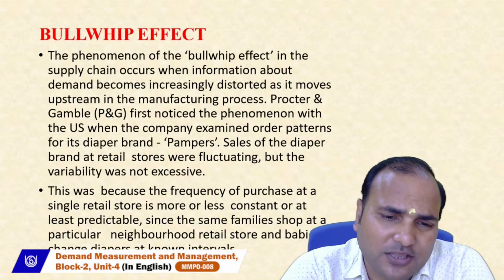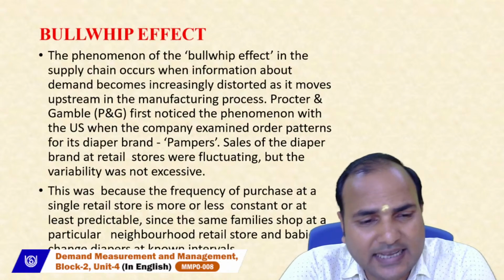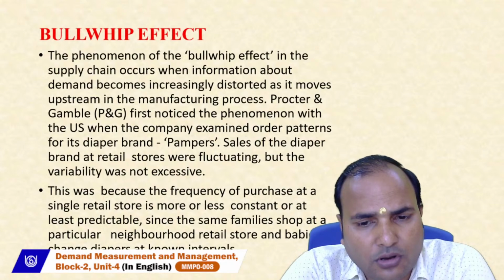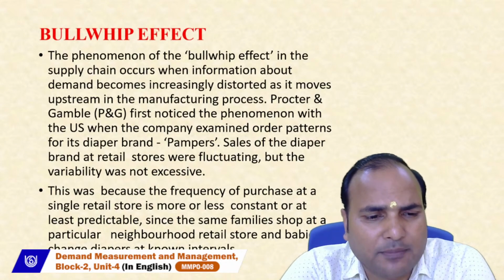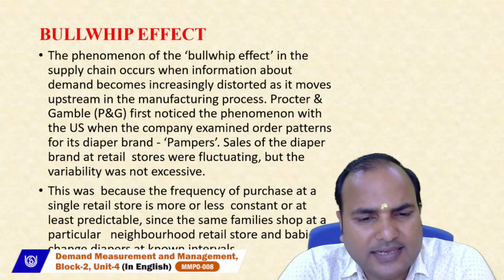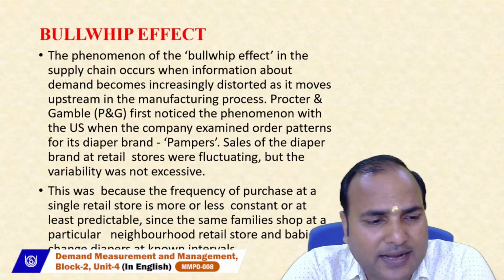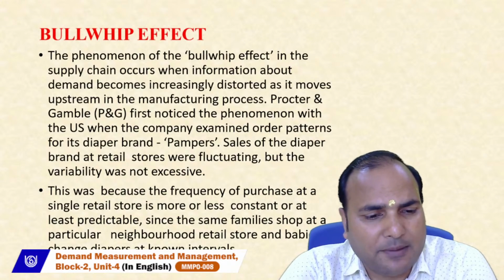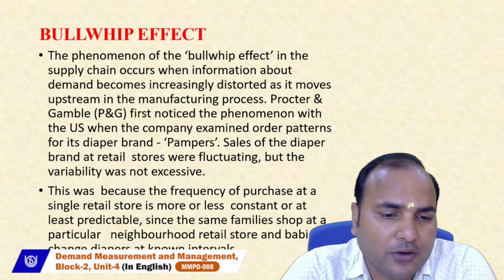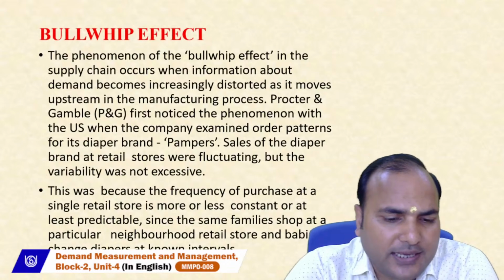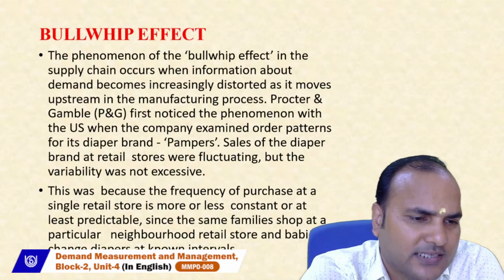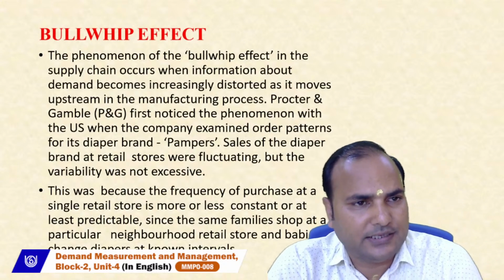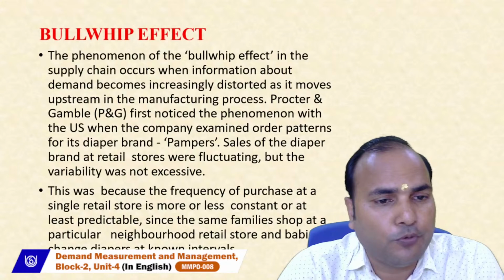This was because the frequency of purchase at a single retail store is more or less constant, or at least predictable, since the same families shop at a particular neighborhood retail store and babies change diapers at known intervals. So from this concept, this phenomenon was introduced, that is the bullwhip effect.